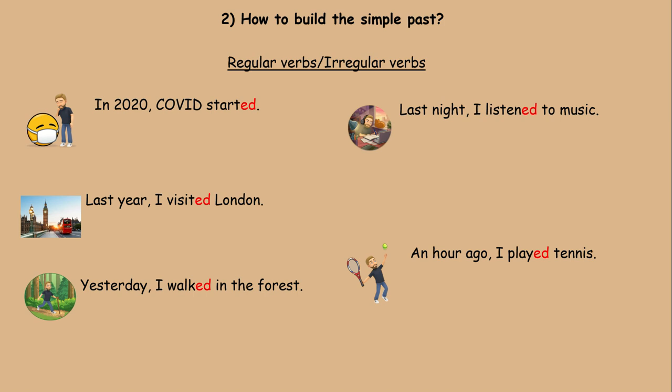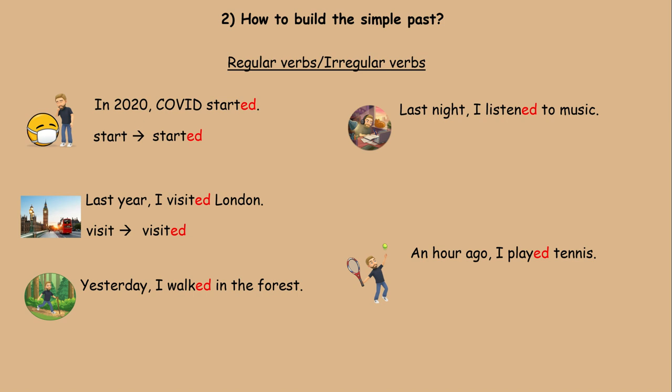First sentence, in 2020, COVID started. The verb is started. So, start, infinitive, simple past, started. Second sentence, the verb is visit, the simple past, visited.